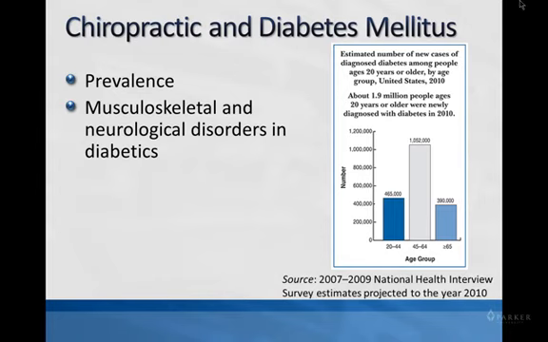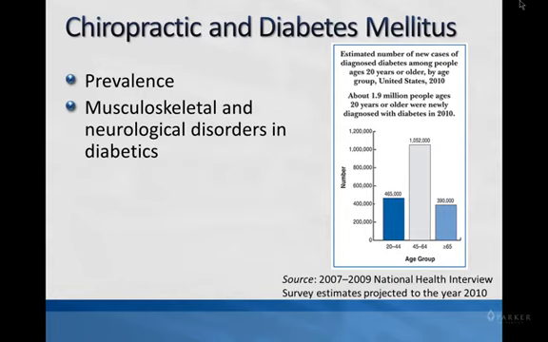Now, before we go on about the differences between type 1 and type 2 diabetes, the complications of diabetes mellitus are huge. If diabetes is not managed properly, if they don't control their blood sugar properly, they have a huge risk of heart disease, stroke, high blood pressure, blindness, kidney disease, neuropathies, amputations, and death.